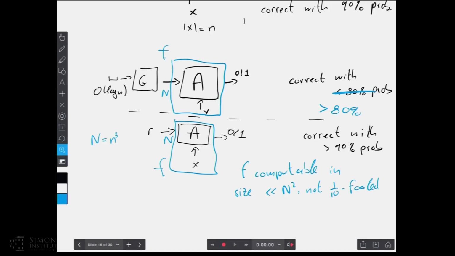And then see how from this you get a constructive version of the probabilistic method. And then we'll start constructing generators with non-trivial pseudo-randomness properties. Not these pseudo-randomness properties, but some pseudo-randomness properties. So, thank you.